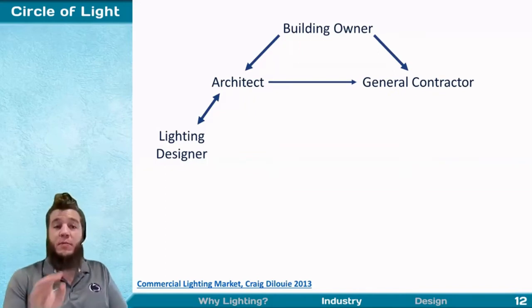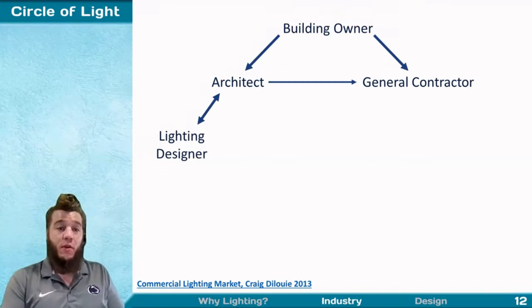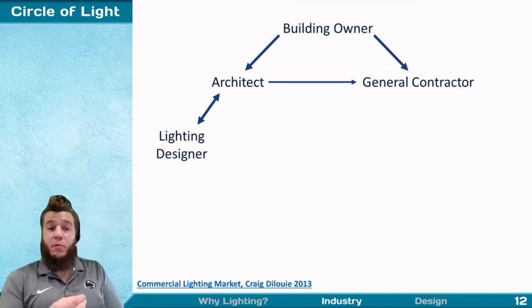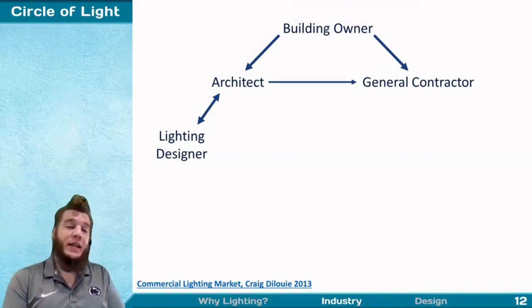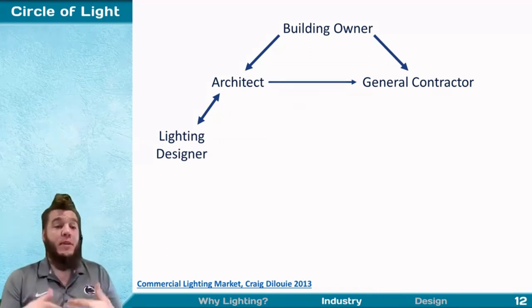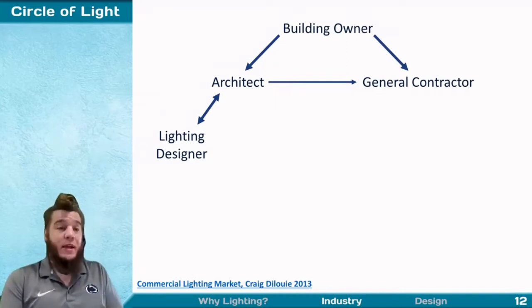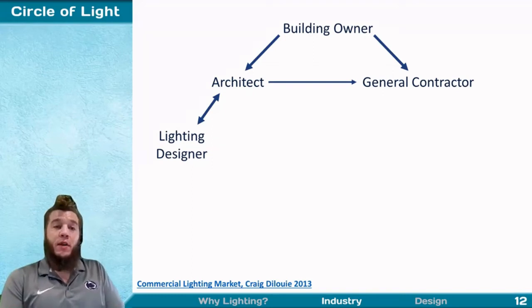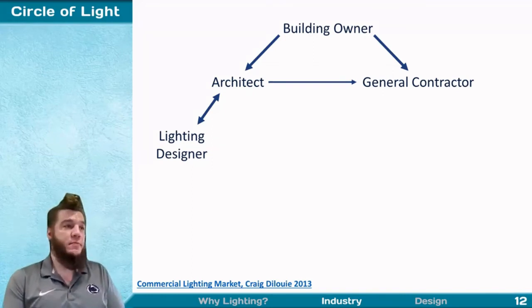Those are the people that typically report directly to the building owner. The architect is responsible for establishing a design team, and typically that's where a lighting designer comes in as a member of that design team. They might be within that larger architecture firm, or the architecture firm might hire a specialized lighting design firm to support their project.